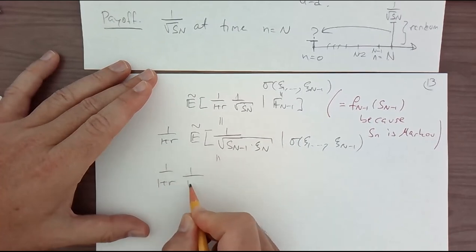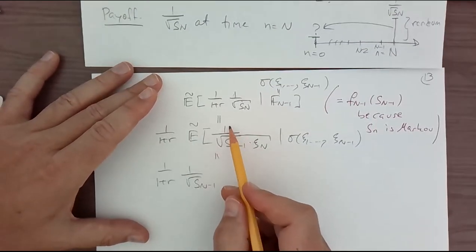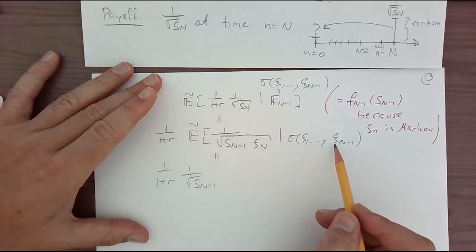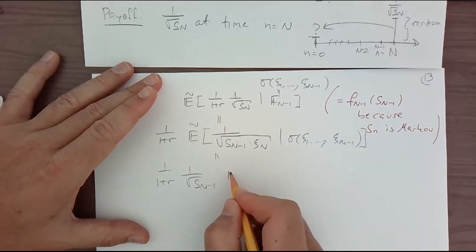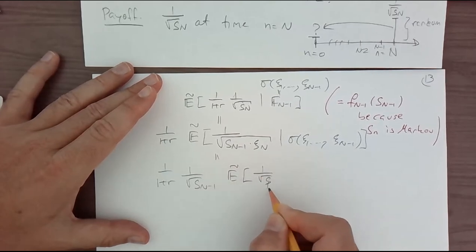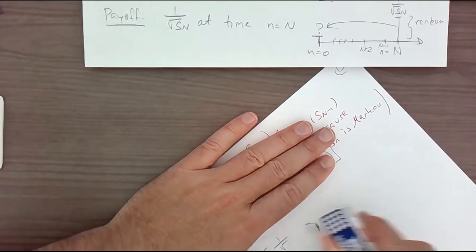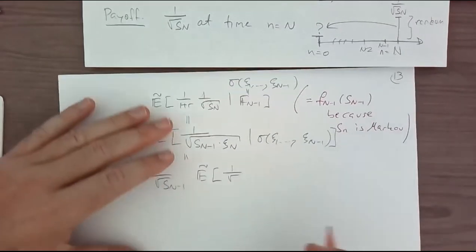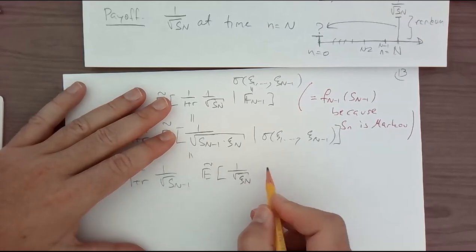So we'll have 1 over square root Sn minus 1. And then all that's left here is 1 over square root of psi n. That's independent. And I'll be left here with just the unconditional expectation of 1 over square root of psi n.